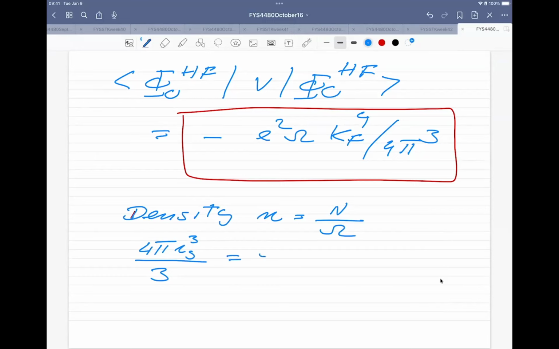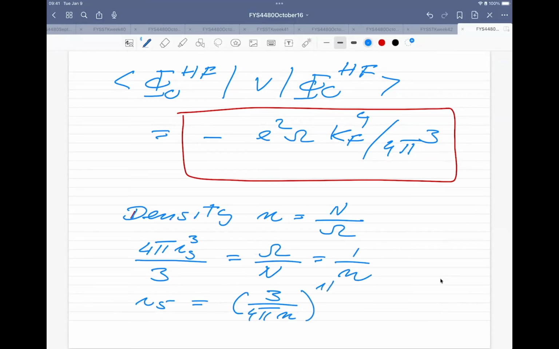So this is simply the inverse of this quantity here, it's 1 over n. Then we can calculate r_s. This is given by the cube root of 3 divided by 4 pi times n.